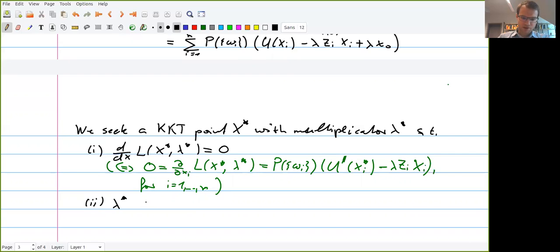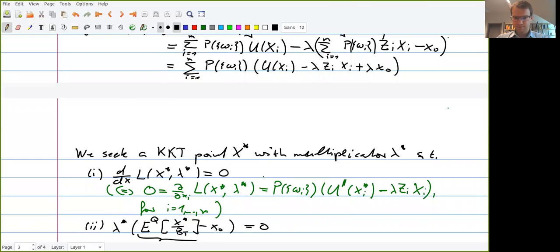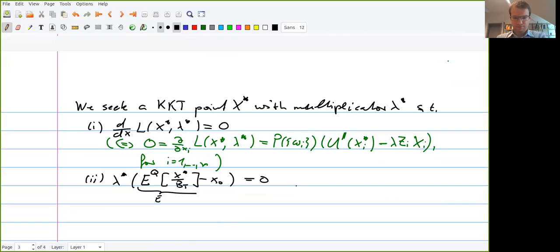So lambda star, 0. And you know, okay, this has to be 0, and you know what it is, right? This is so 2, right?